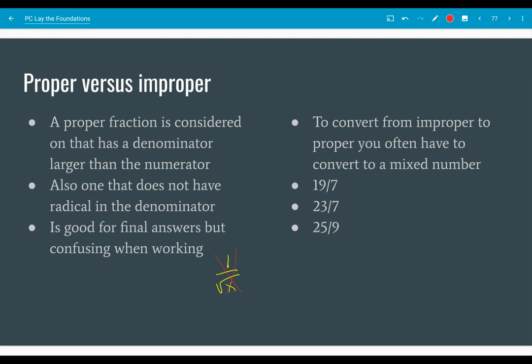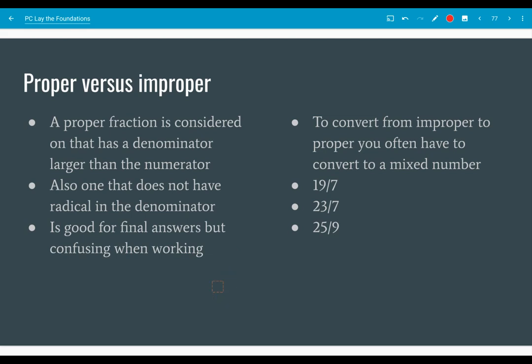So, proper fractions are great for a final answer, but I don't recommend dealing with them as you're working through, because it just adds the step. You run the potential of introducing an error in the middle of your calculations that you generally don't need to.